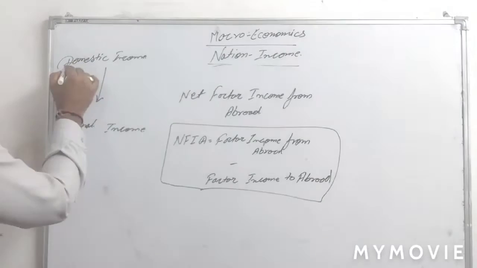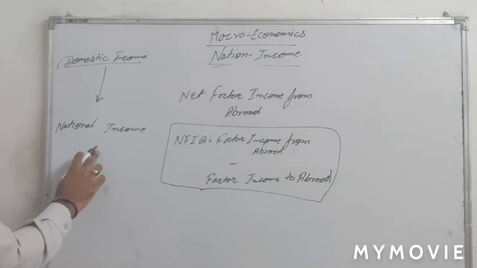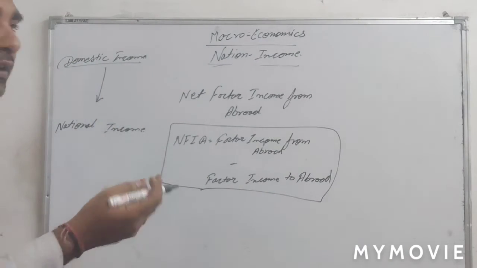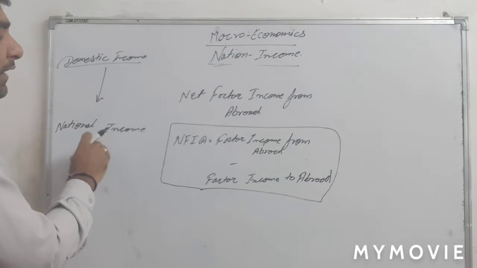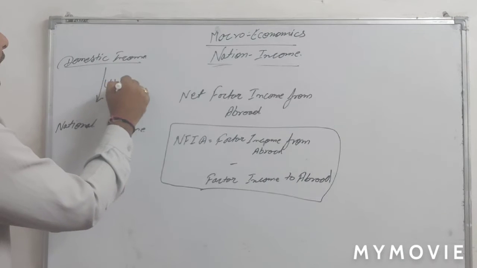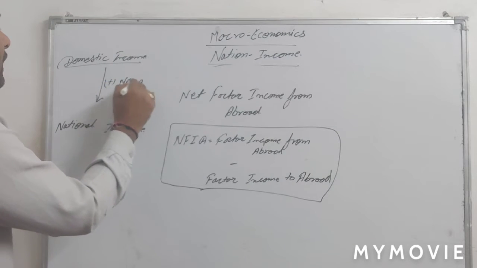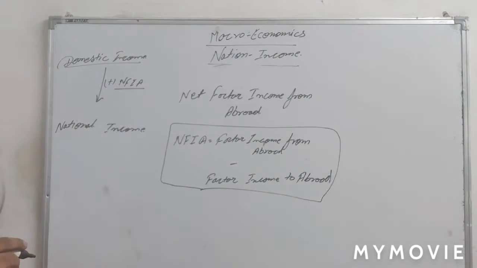If we move from domestic to national income, I will explain again: domestic to national, we add NFIA, net factor income from abroad.